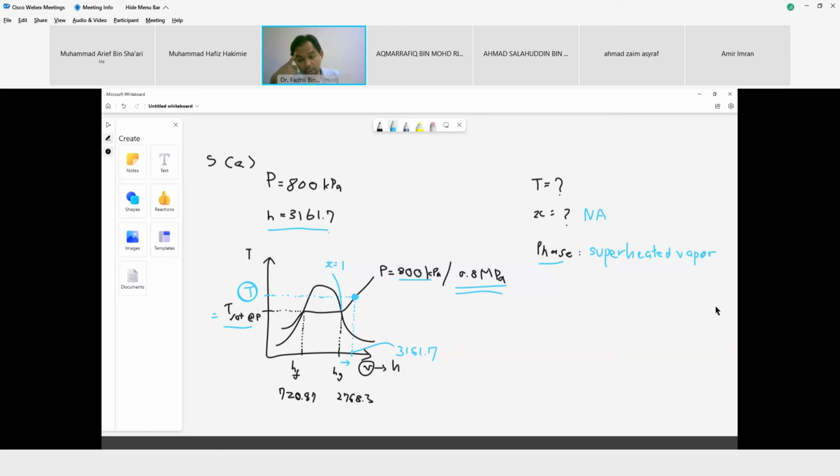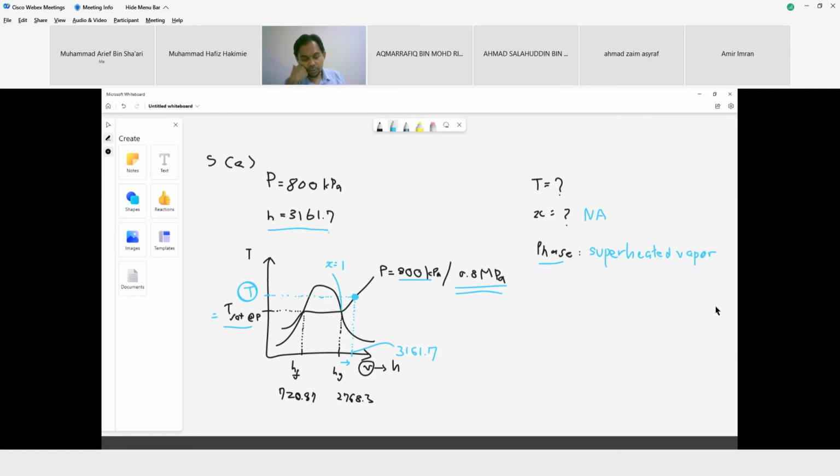Tengok kolom 0.8 megapascal sahaja, sebab pressure kita 0.8 megapascal. So, di kolom 0.8 megapascal, nilai enthalpy yang terendah adalah 2768.3, manakala yang tertinggi adalah 5412.2.